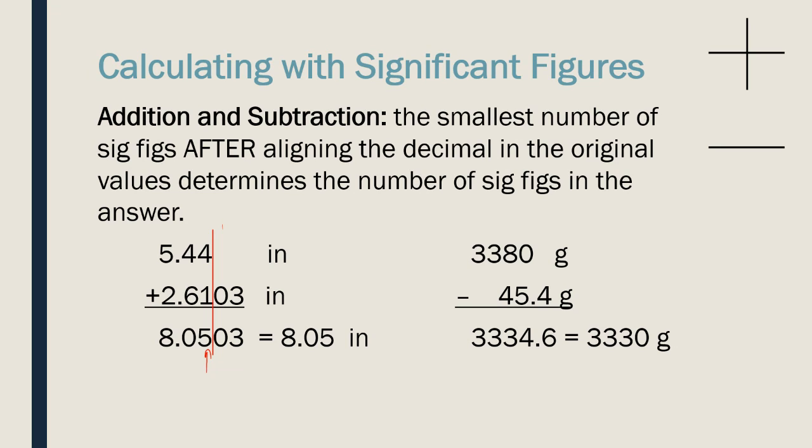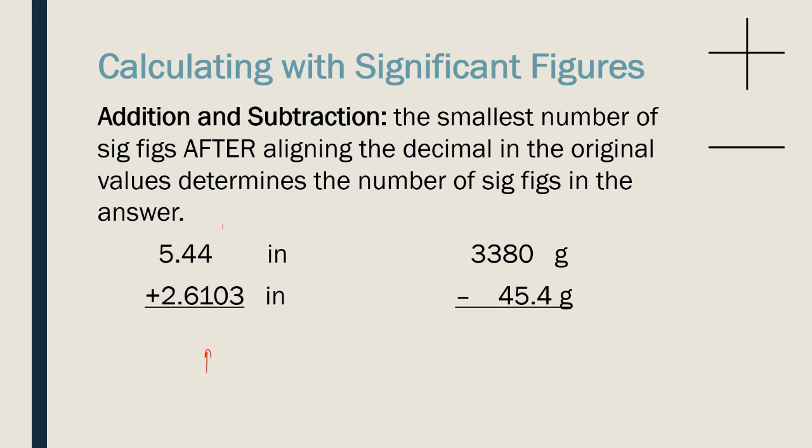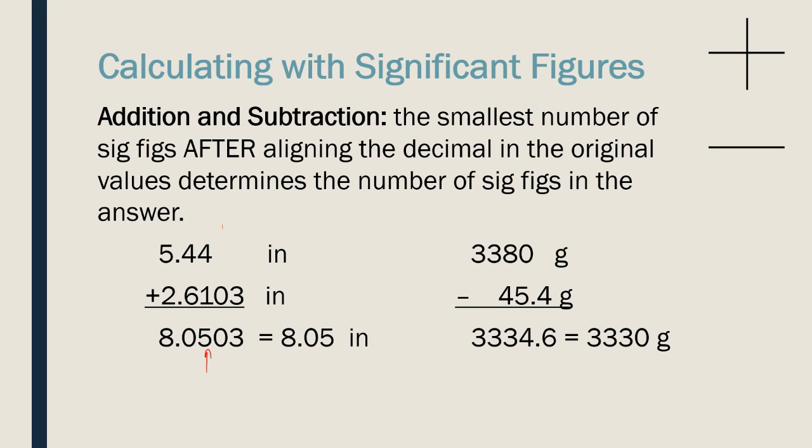So for addition and subtraction, it's a little different. People love the multiplication and division one because it's easier to remember. But the addition and subtraction should make sense. And if we could do a lab, I'd show you this in lab. But anyway, 8.05 is the answer there.